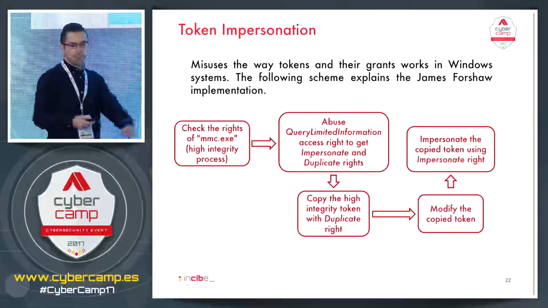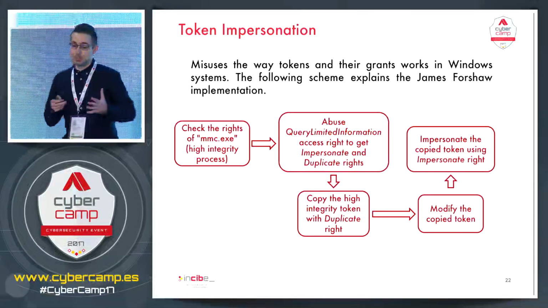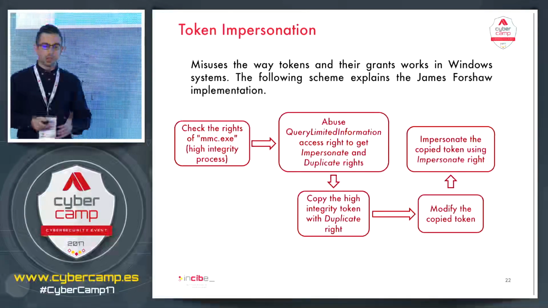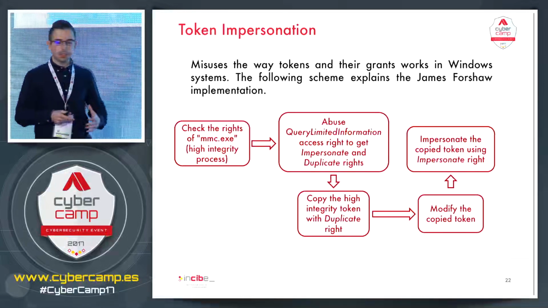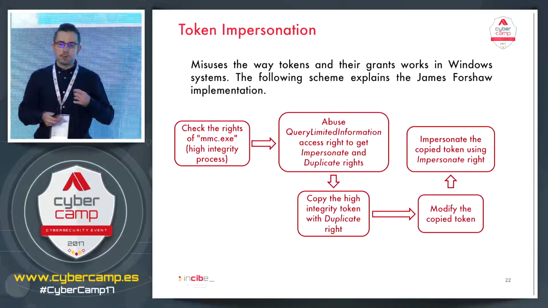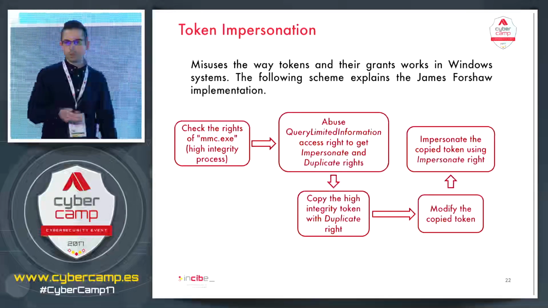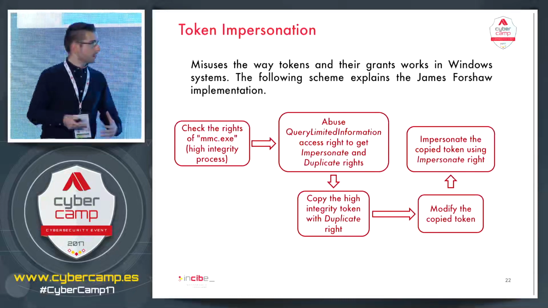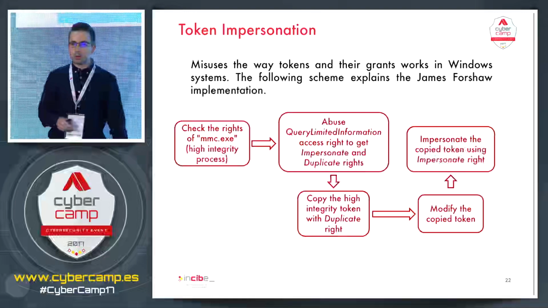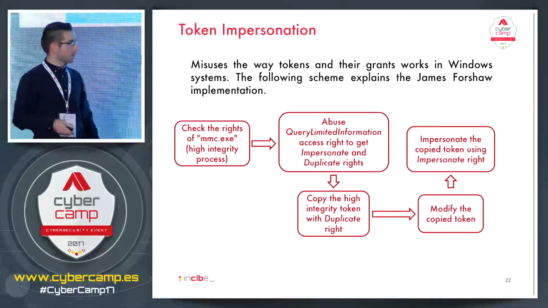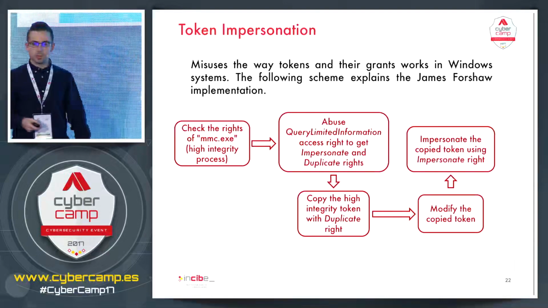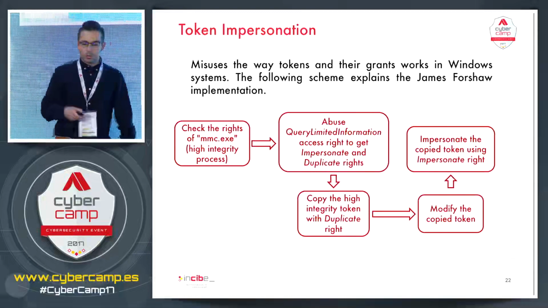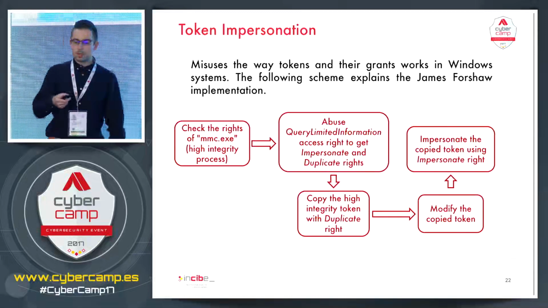One of the most intelligent, complicated, and recent methods is the so-called token impersonation abuse in Windows systems. In Windows, a token is the mechanism that Microsoft has to manage the rights attached to the different processes. This is the diagram developed by James Forshaw. First of all, we have to check the rights of the application with high-integrity processes, for example, mmc.exe.